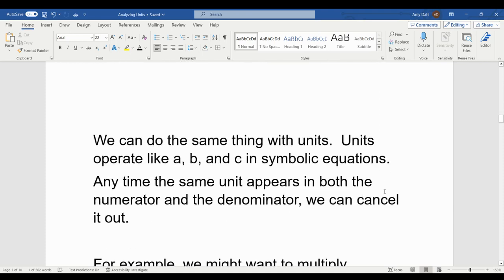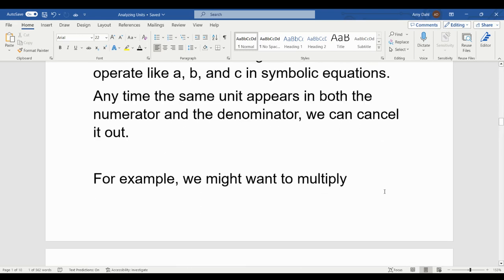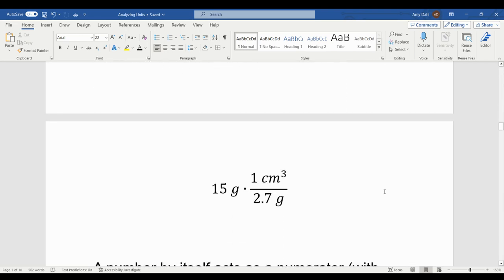Okay, we can do the same thing with units. Units operate very much like a, b, and c in symbolic equations. Anytime the same unit appears in both the numerator and the denominator, we can cancel it out. For example, we might want to multiply 15 grams times 1 centimeter cubed over 2.7 grams.